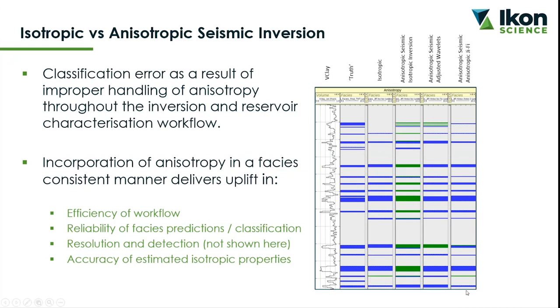In the last track, we have the result of anisotropic facies-based inversion. When the inversion is run on this last case, each facies has a corresponding anisotropy assigned. So if I'm a shale, then I belong to a VTI anisotropy model. But if I'm a sand, I'm isotropic.